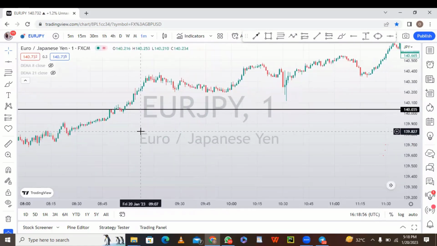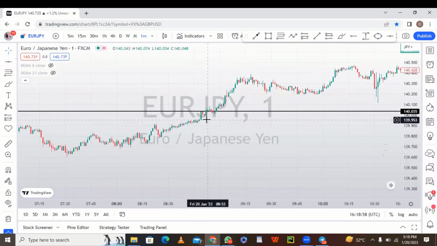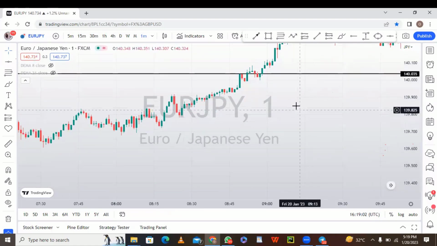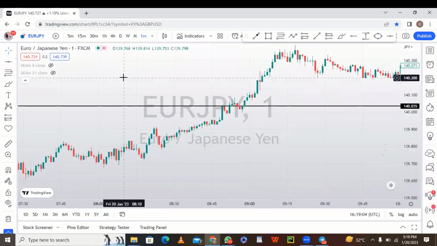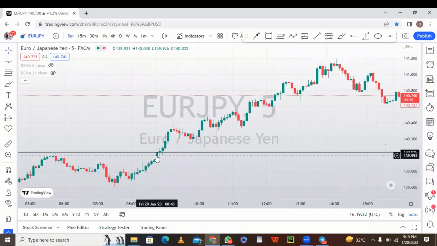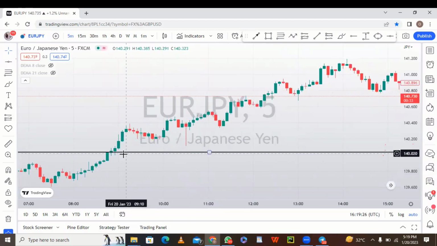But what you have to pay attention to, the first condition, is there should be a candle close. So if I zoom out properly, you will observe that this is a candle close. Let me go back to the 5 minutes so that you can see it clearly. At this particular point, this single candle closes above it.